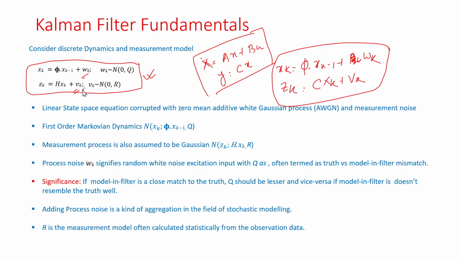What is the significance of it? Your linear system is corrupted with some additive process noise or additive measurement noise. This concept is very important. We will explain in subsequent classes what w k and v k are.